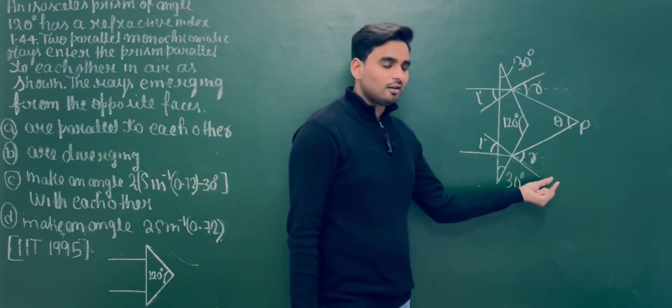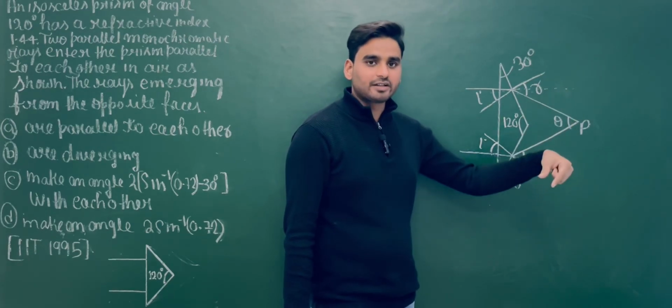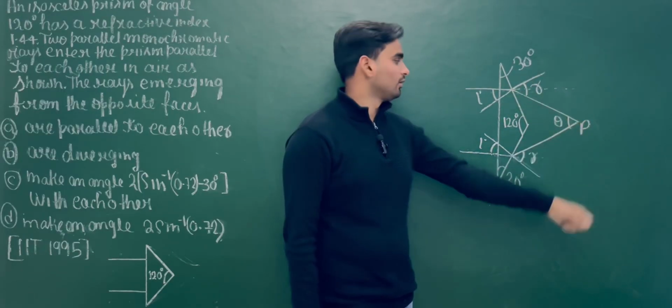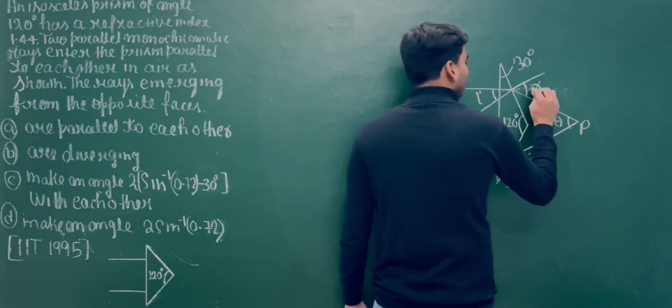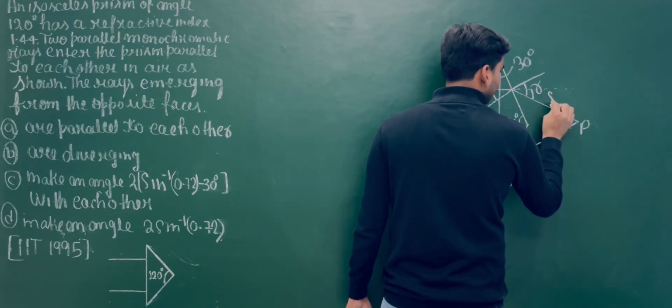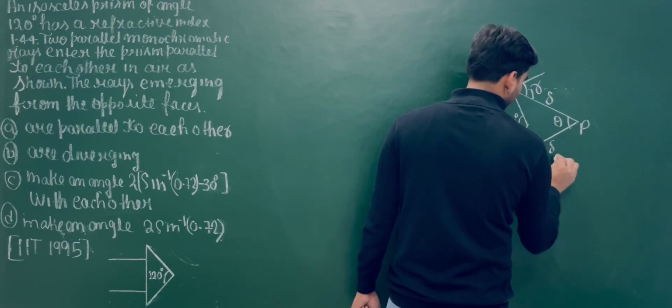It means these rays deviate from their original direction. So there is formation of an angle of deviation, that is delta. For this one also it is delta.